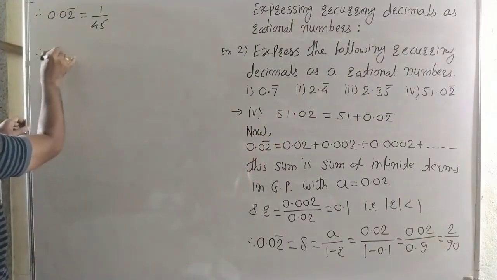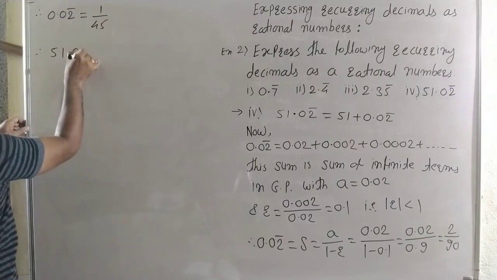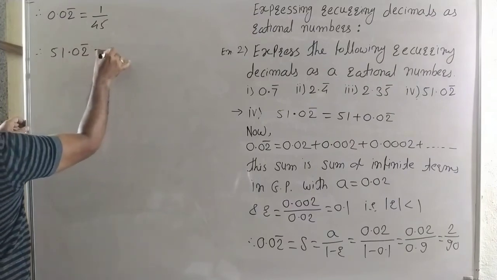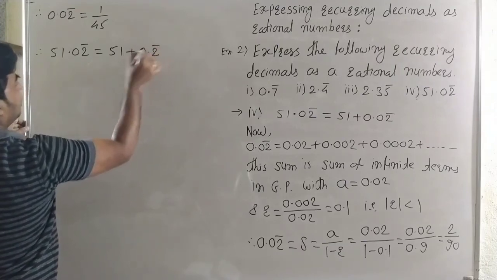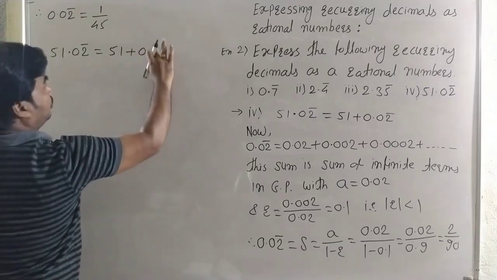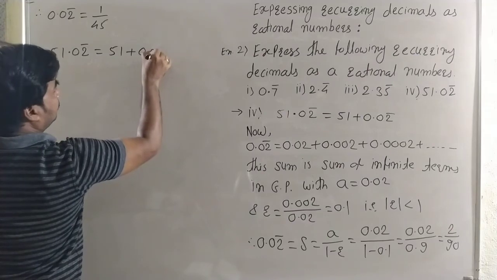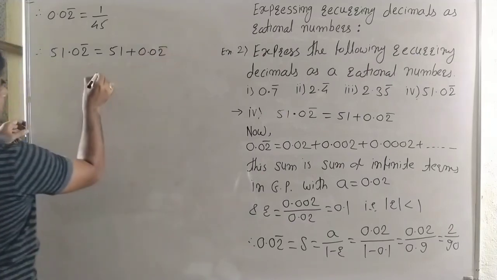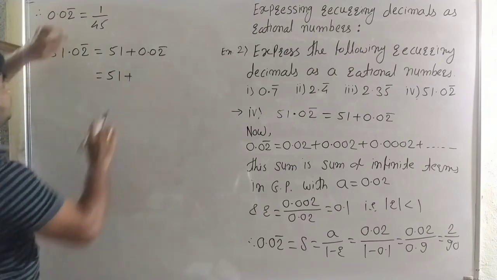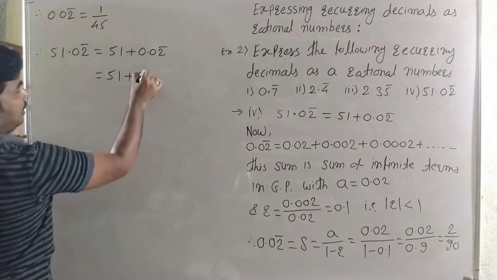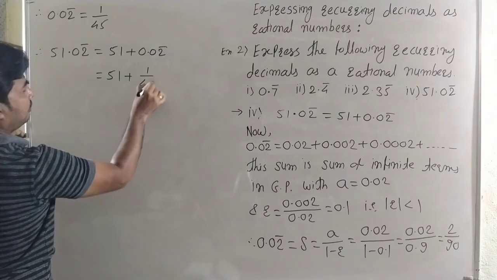Therefore we can write 51.02 bar is equal to 51 plus 0.02 bar, which is 1 by 45.